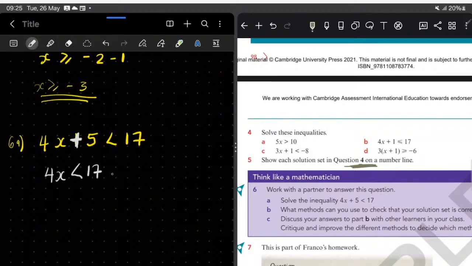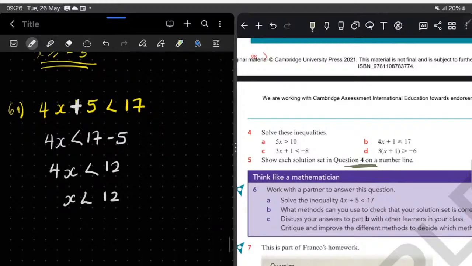Yes, 17. I agree. 17 minus 5. Well done, Vic. So it becomes 4x less than what is 17 minus 5? 12. Well done.